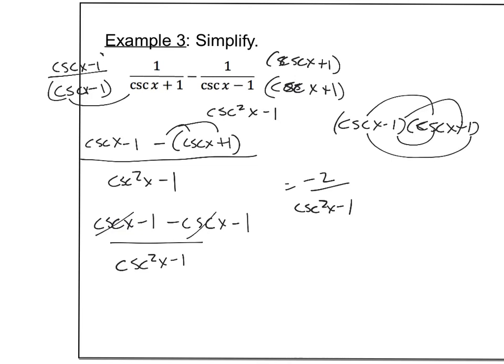All right. So this is where I'm going to deal with cosecant squared x minus 1 on the bottom, because this is going to be kind of a tricky one, just because that's going to be 1 over sine squared x minus 1.